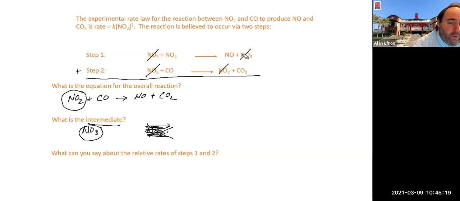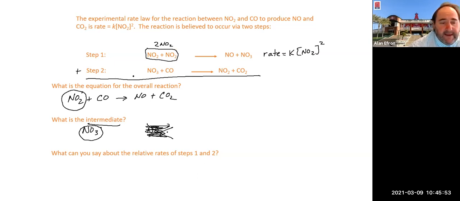All right. When we look at each of these individual steps, we can write a rate law for each of them. This is the only place where we can use the coefficients as exponents. The rate for the first step would be k times NO2 squared, since basically it's 2 NO2.